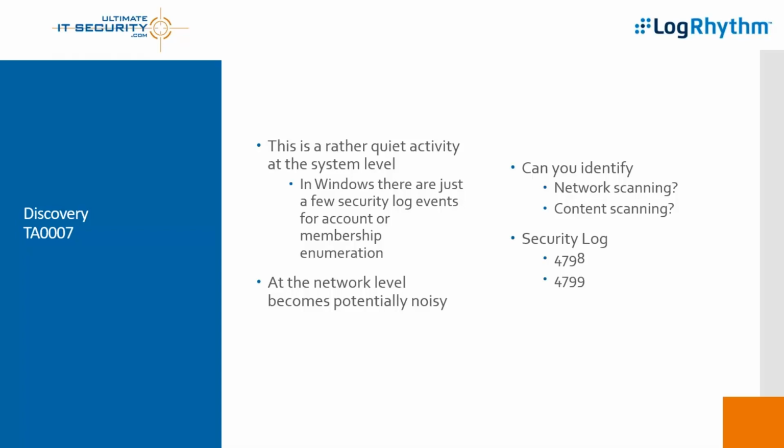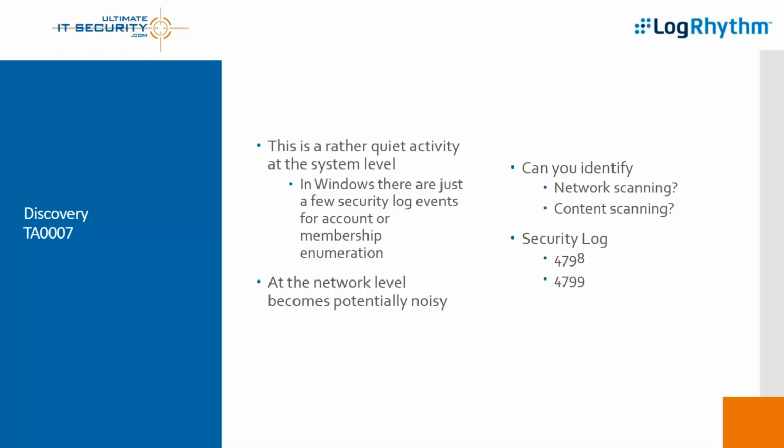That being said, it is worth checking out event ID 4798 and 4799, because those do tell you when local accounts and local group membership is being enumerated. So those are definitely useful, but they're only going to catch that little corner use case, edge case of discovery.